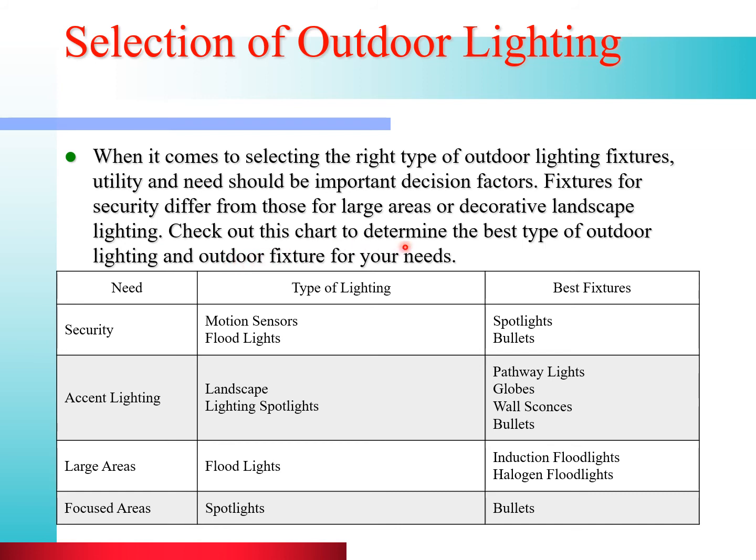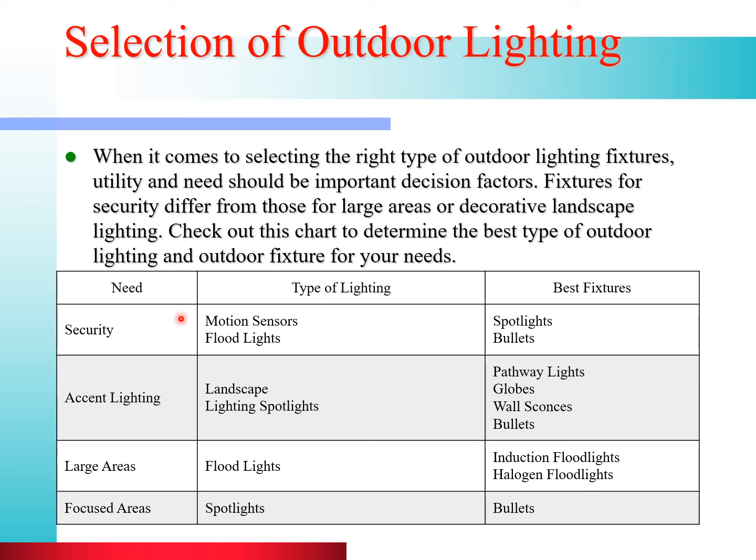Check out this chart to determine the best type of outdoor lighting and outdoor fixture for your need. So the table will explain the outdoor fixture as per your requirement, so you can select the outdoor lighting.